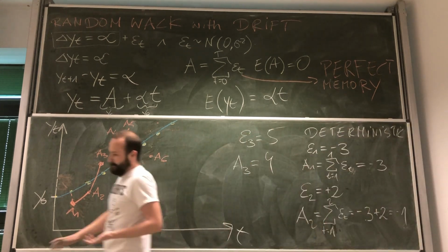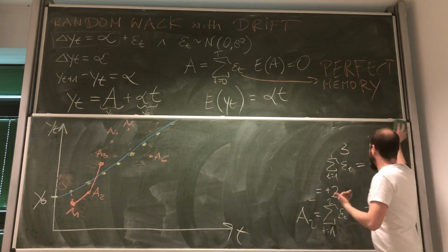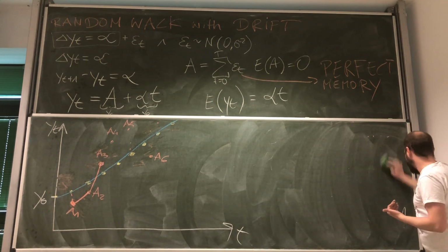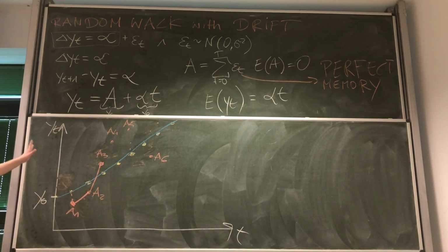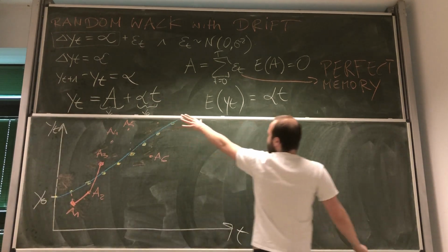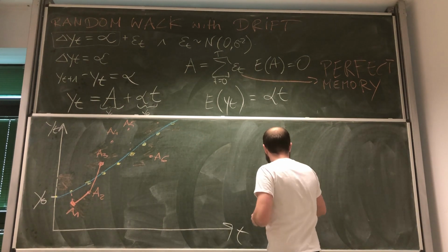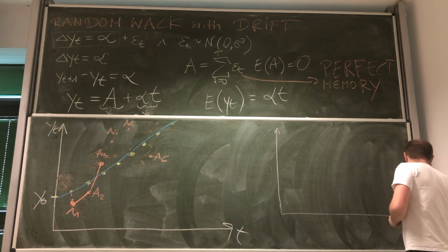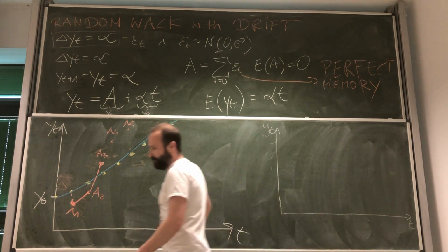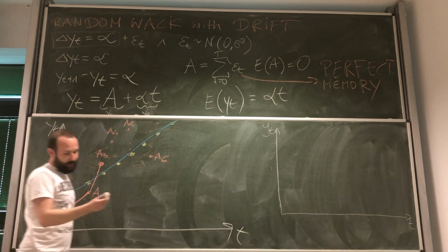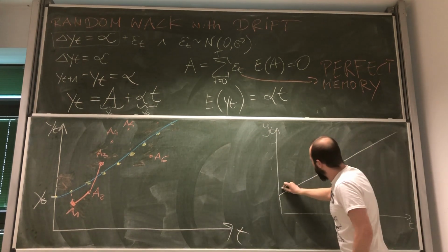Okay, so if I now want to just draw a graph with this deterministic trend and random shocks, in the case of random walk with drift, what I'm going to end up with is something that looks like that. So here is our trend, and around the trend we move.